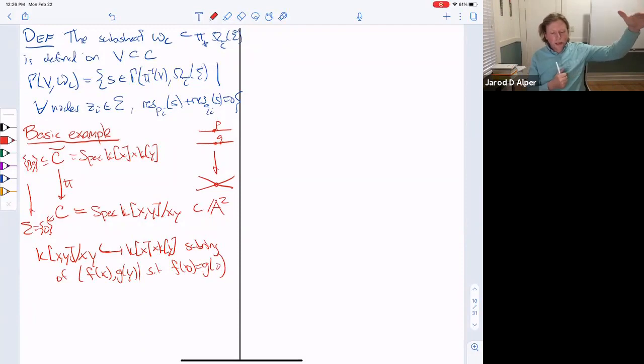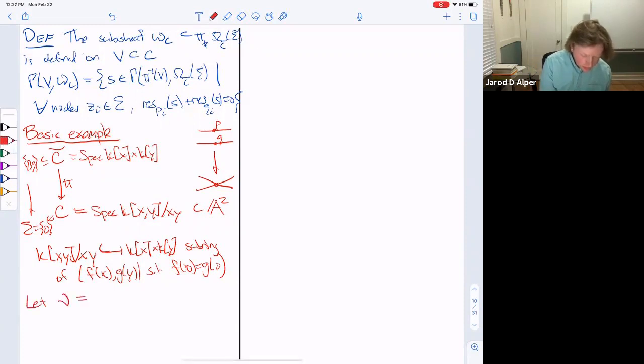Right, a function on the normalization descends to the nodal curve if the evaluation at P is equal to the evaluation at Q.